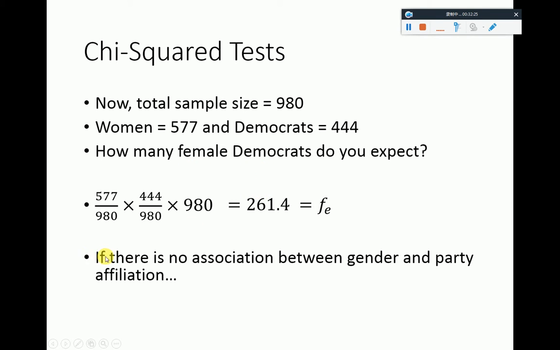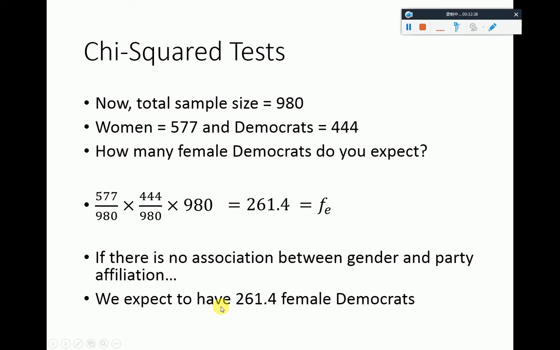Okay? So to interpret this number, if there's no association between being a man or woman and being Democrats, Republicans, or independents, there should be 261.4 female Democrats.